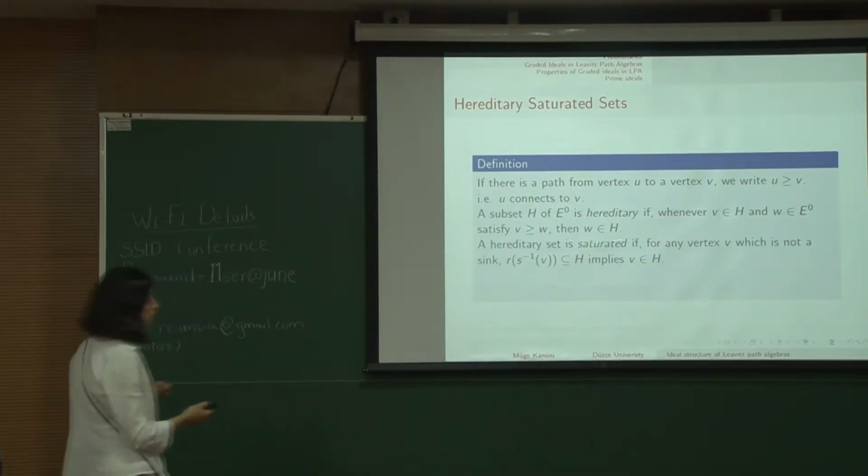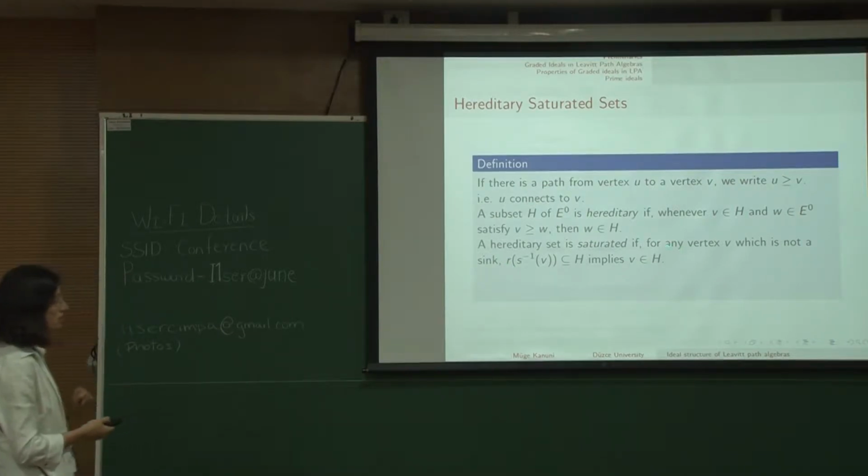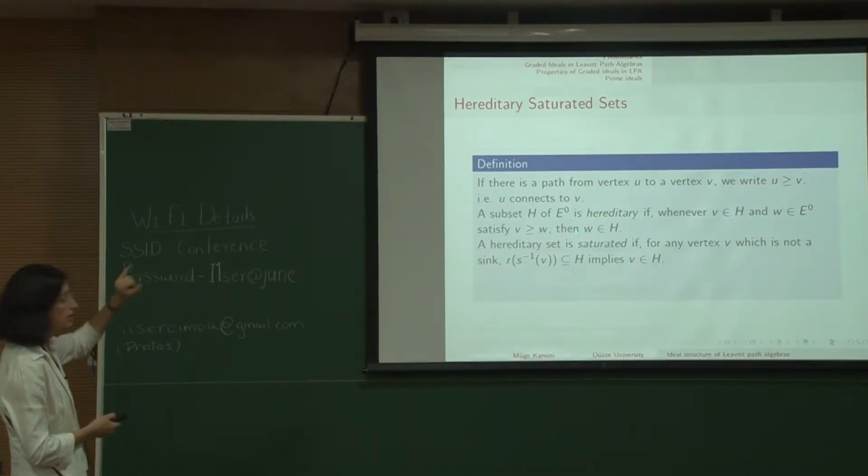A hereditary set is called saturated if for any vertex v which is not a sink, you look at s inverse of v, the set of all edges emitted from v. The r of those edges are the targets, the endpoints of all the edges emitted from v.